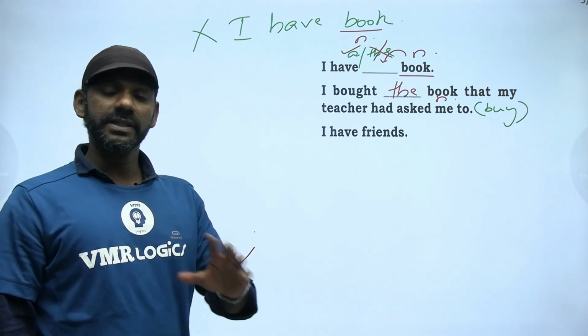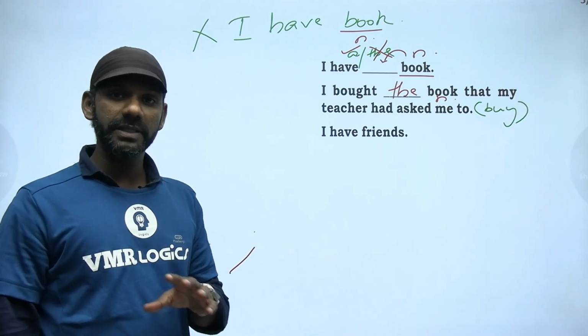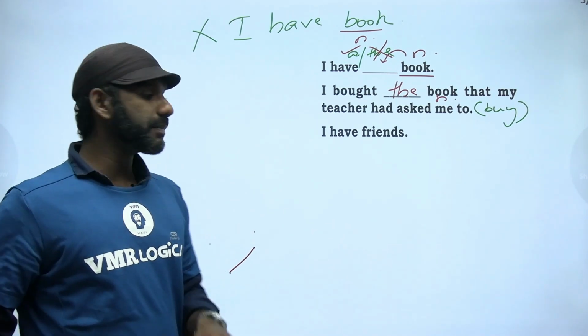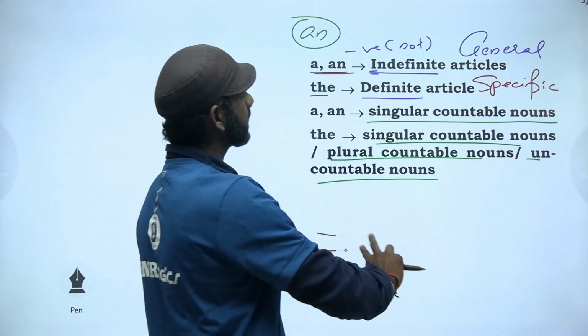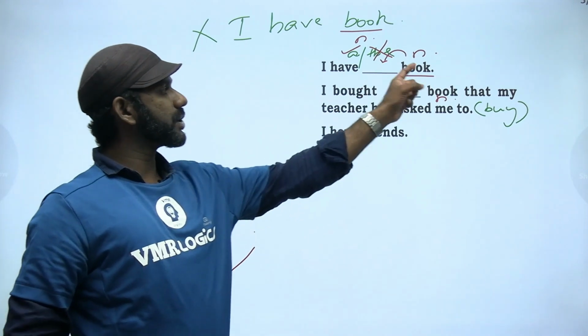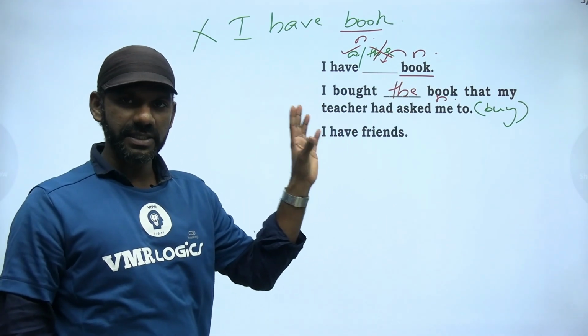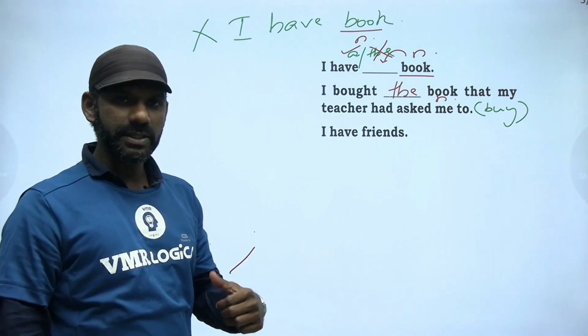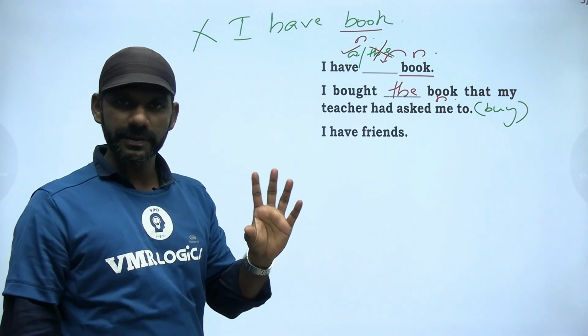And general means it is a and an, right? Now in the first sentence, there is no information given regarding the noun book, so noun book must be taken as general. Anyway, an book is wrong, so it must be a book. I have a book is grammatically correct.